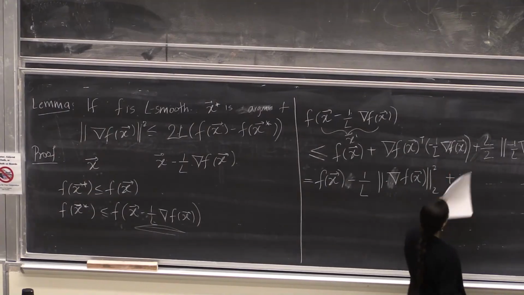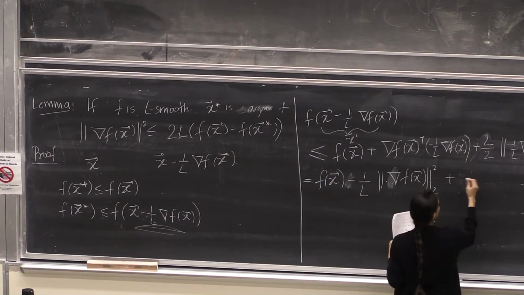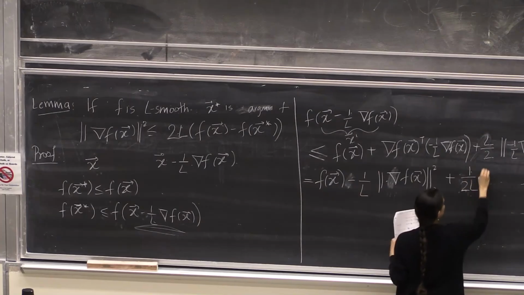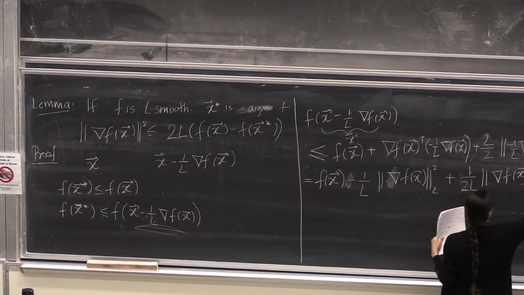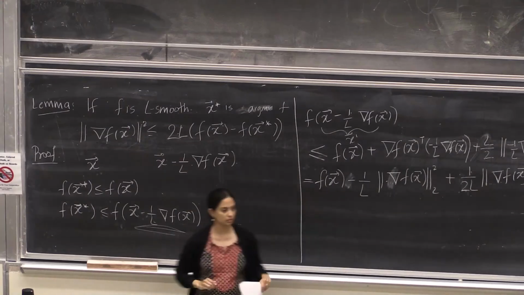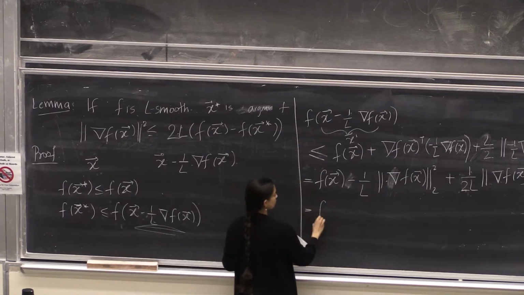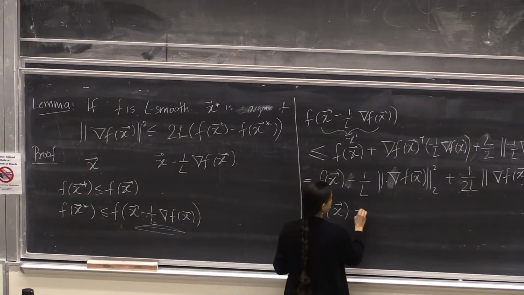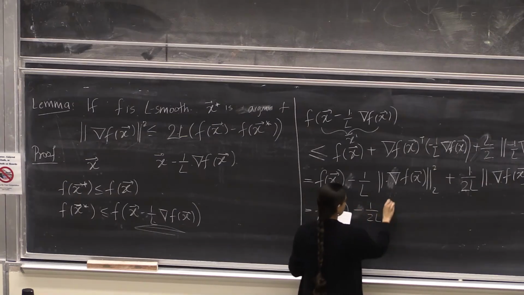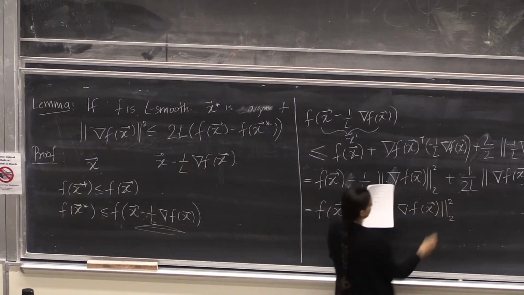And what do I get here? I get L over 2, and I get 1 over L squared. So I get 1 over 2L, which gives me, right?